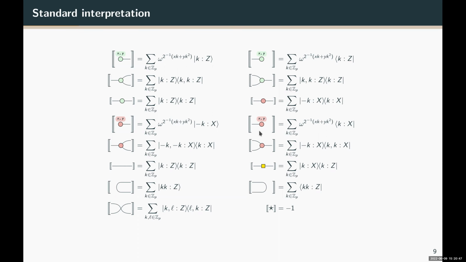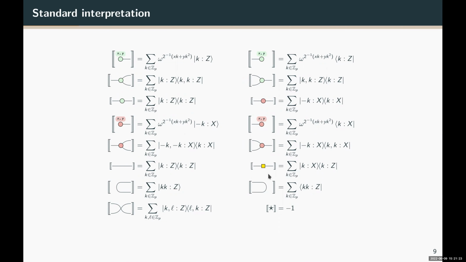The second point to note is that on the output kets, for every red spider, there is this additional -1 within the output state. And this makes it so that, as we'll see, the antipode in the qubit ZX calculus is not trivial. And therefore, when we had all of these antipodes in the previous slide, we cannot remove or eliminate them.